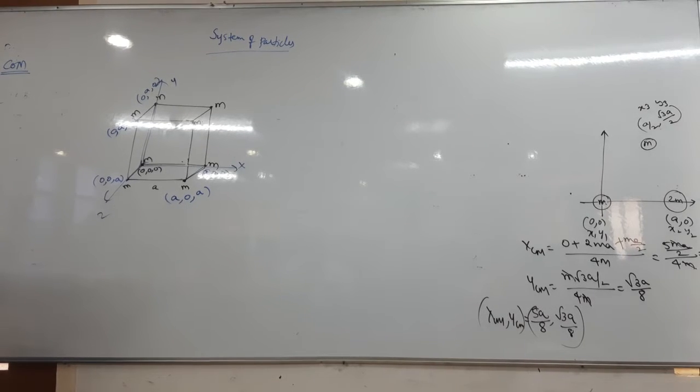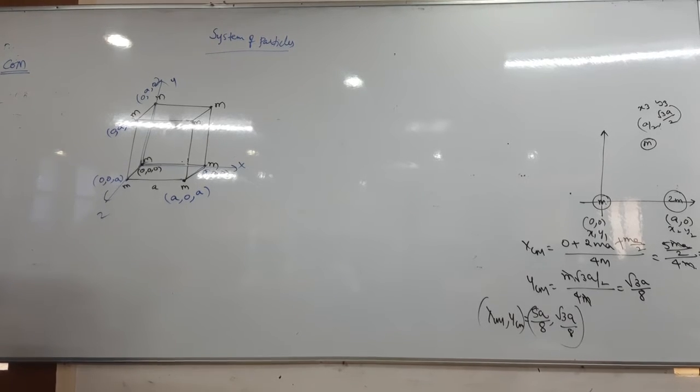This point is 0, A, 0, because it is along the y-axis. At this point the coordinates are A, 0, 0, because it is lying along the x-axis. Now this point at the back is along which axis? Z-axis, right? So 0, 0, A. Finished. The three main points are finished.